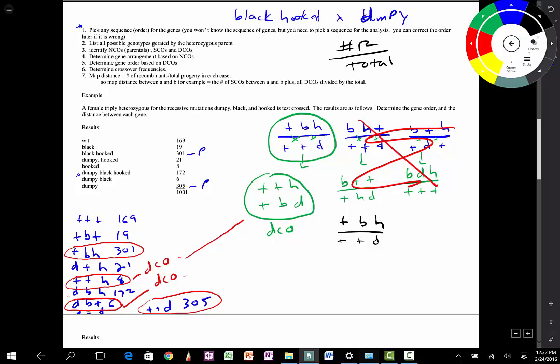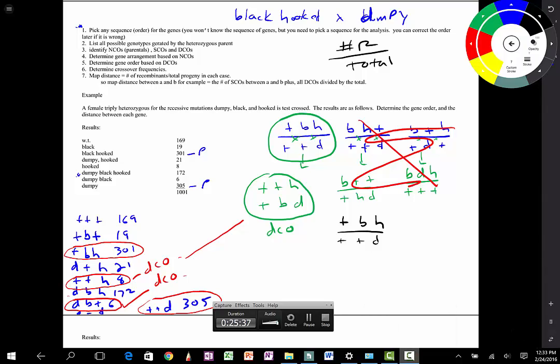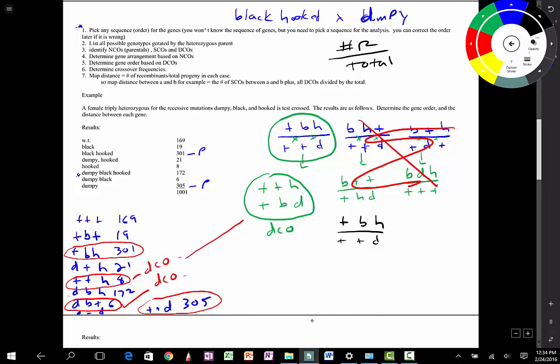And we want to get a map between, we need to get a map between... something's wrong here. Start over from here. Delete all this.